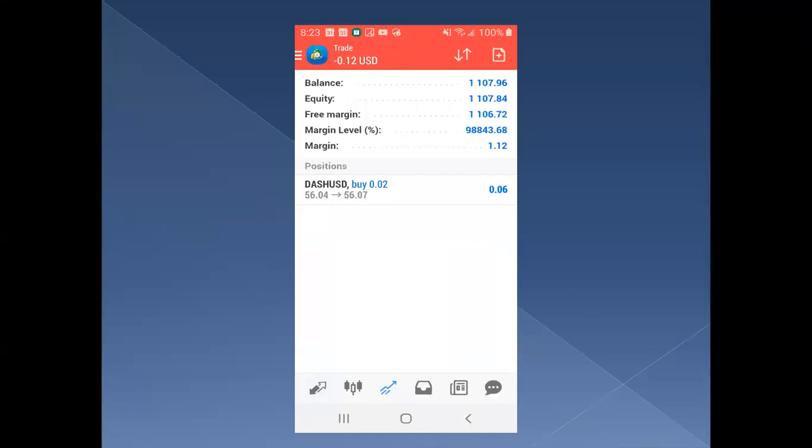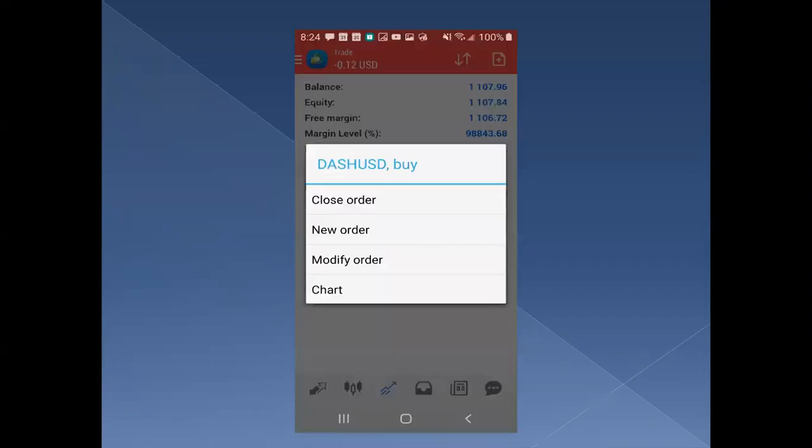What you can do is press your finger on that trade or swipe it to the left. Press your finger on that trade as it's open, or swipe it to the left, either way. And this is what's going to pop open. Here you can modify it. When you modify it, you can change the take profit, or if you need to change the stop loss, or if you just need to close it out, you can do that too.